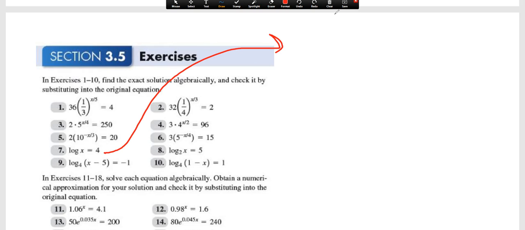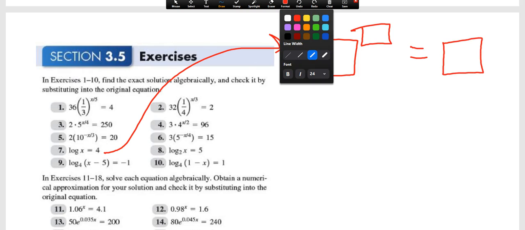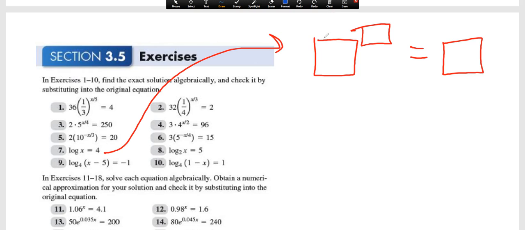Next, it's, as Beyonce would say, a single log. What are we going to do with the single log? Change it to its exponential form. It would be 10 with 4 as the... Ooh, nice.